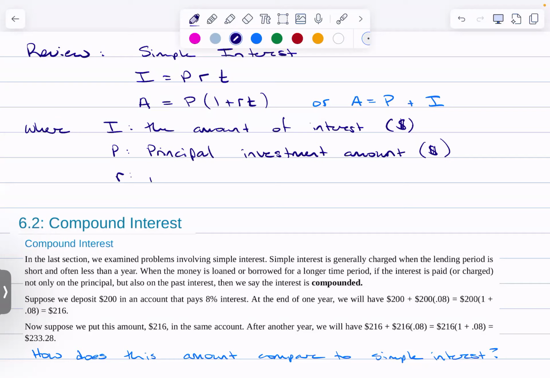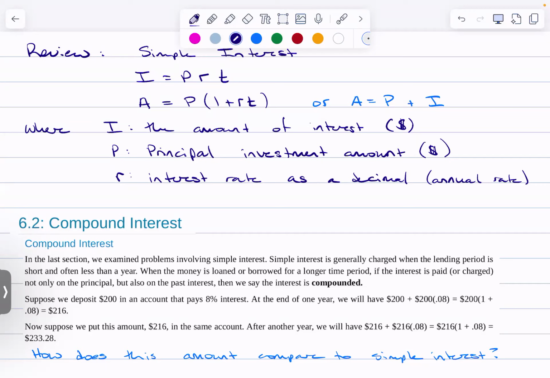Or is the interest rate as a decimal? That's important, right? So it's usually reported as a percentage. We have to divide it by 100, and then you'll have your R. Okay? And let's add in annual rate.